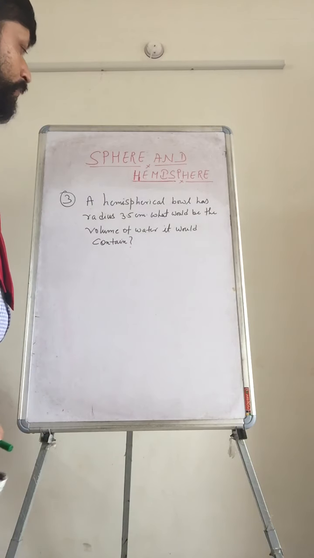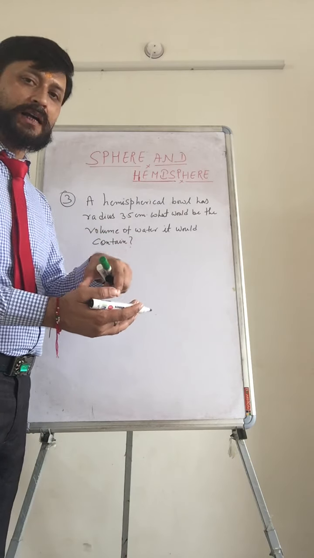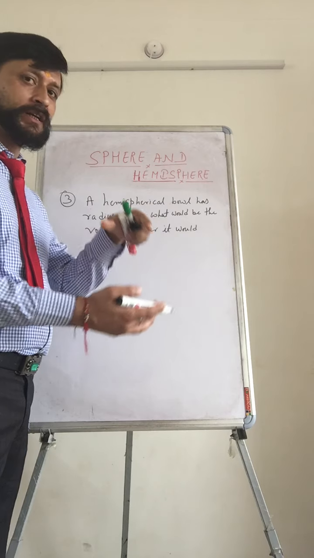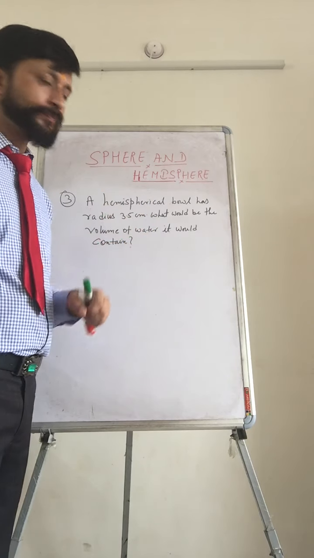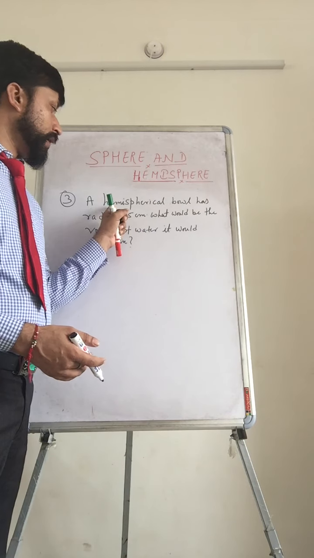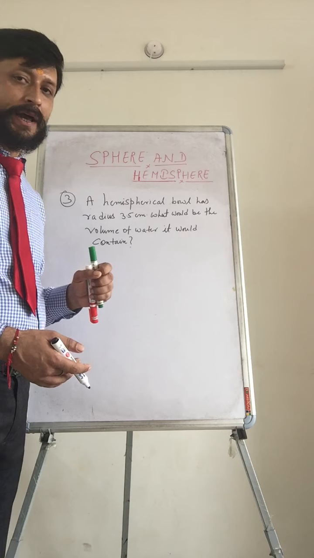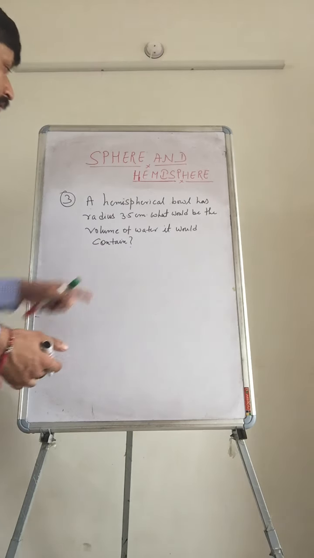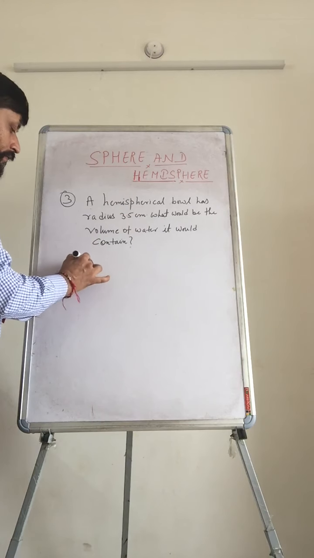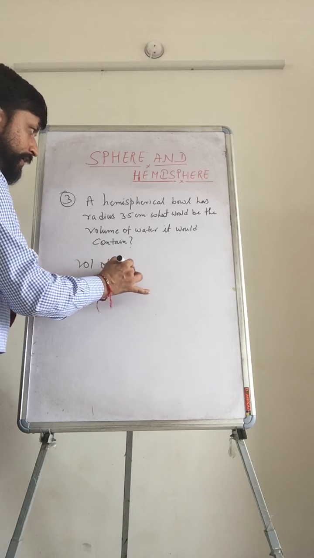What would be the volume of water it would contain? Means what amount of water a hemisphere whose radius is 3.5 centimeter can hold. This means we have to use here the hemispherical volume formula, which is 2 by 3 pi r cube. Radius is given, so write volume of the hemispherical ball.